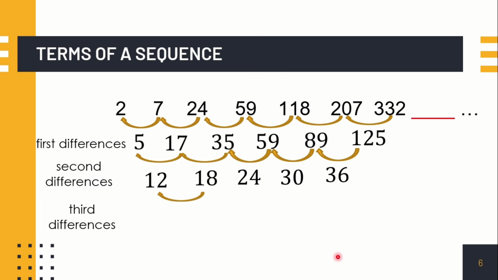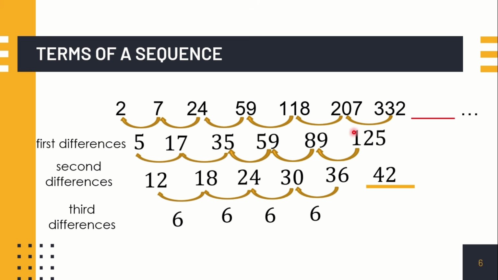18 minus 12, that is 6. 24 minus 18, that is 6. 30 minus 24, that is 6. 36 minus 30, that is 6. Now, we can see they are equal. So, we can get the next term in this row. Since the difference here is 6, we can add 6 to get the next term. 36 plus 6, that is 42.